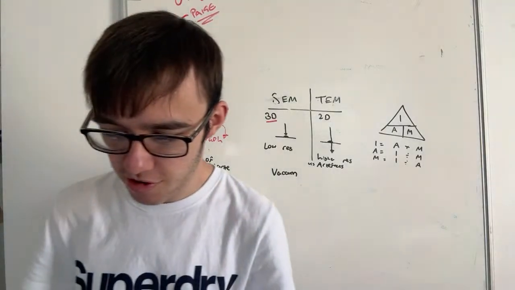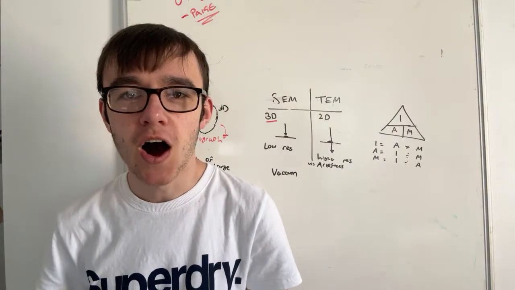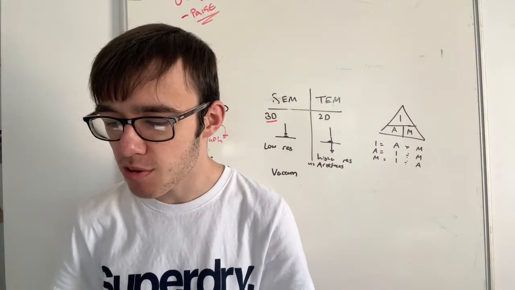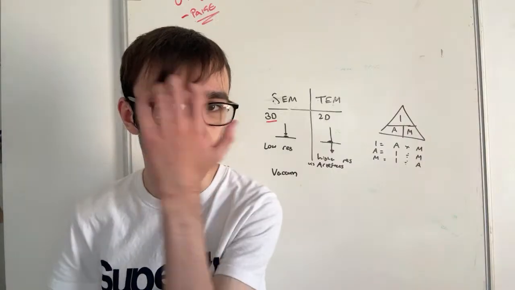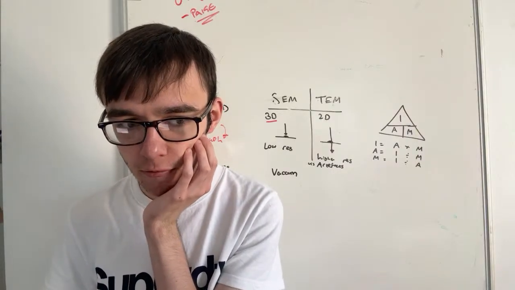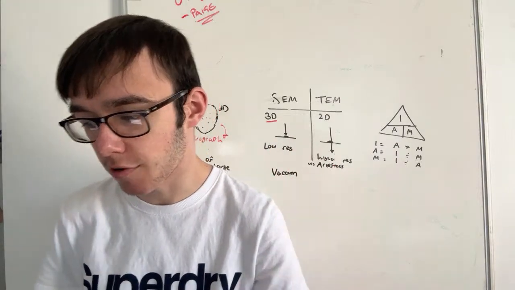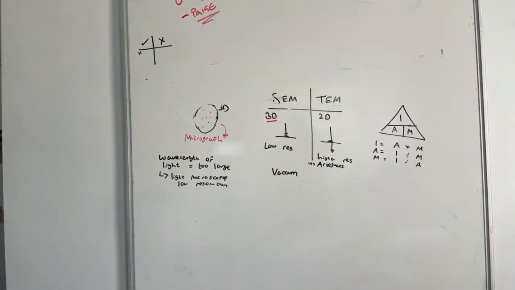High power microscopes must also have a high resolution. Explain what is meant by the term resolution. Okay, wait. Is this the one where you say the ability to distinguish between 2 points on a micrograph? Is that what it's asking?